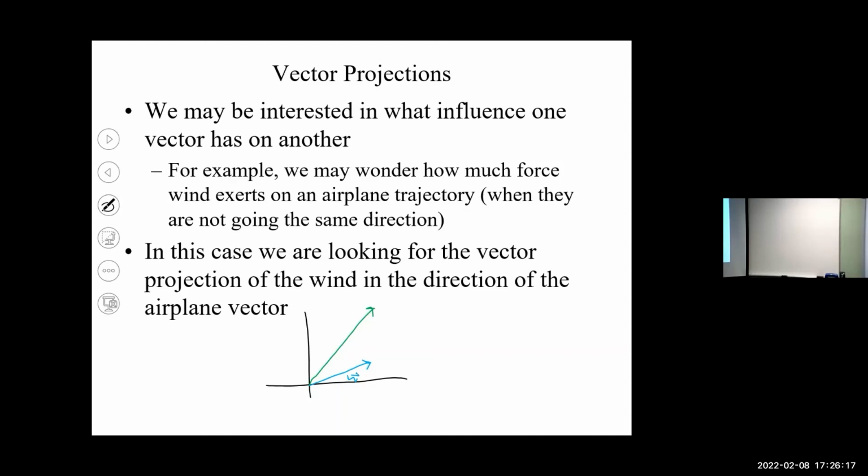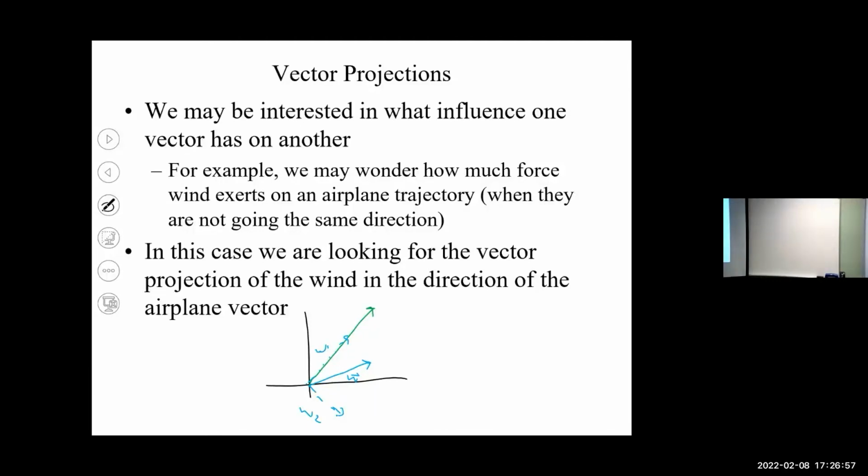If we want to know how much influence the wind vector is having in the direction of the plane, what we need is the component of the wind vector that's in the direction of the plane. So we would essentially break W into 2 components, one of them being W1 that's in the direction of the plane, and then it would have some perpendicular component over here, call it W2, that's perpendicular to the direction of the plane, so it has no influence on the motion of the plane.